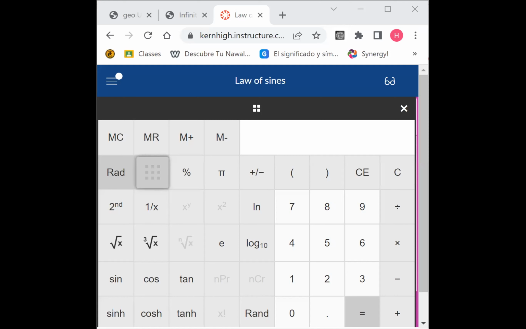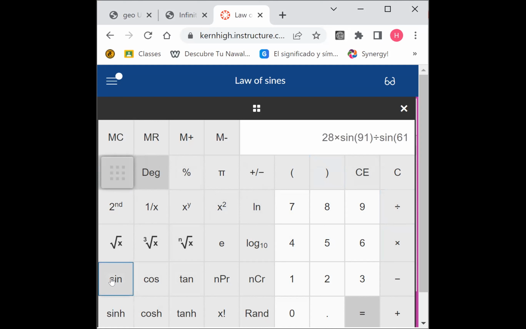Make sure you're in degrees. So let me change this to degrees. 28 times sine of 91, close parentheses, divided by sine of 61.